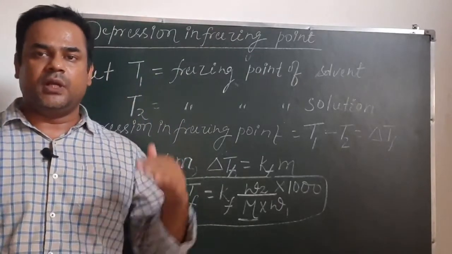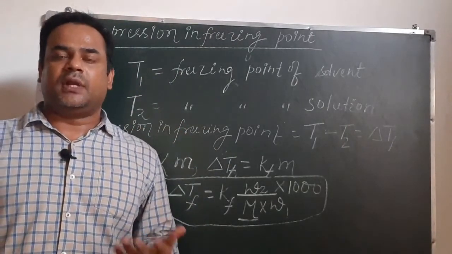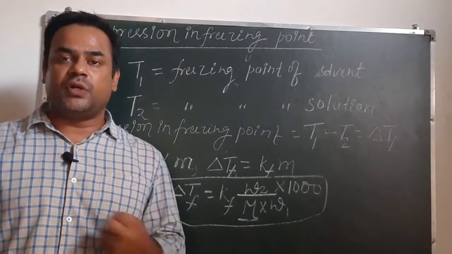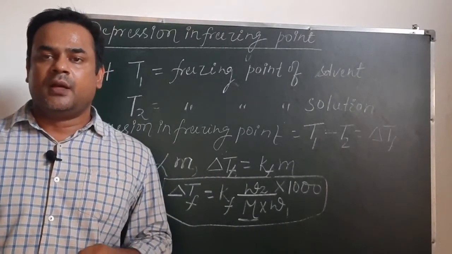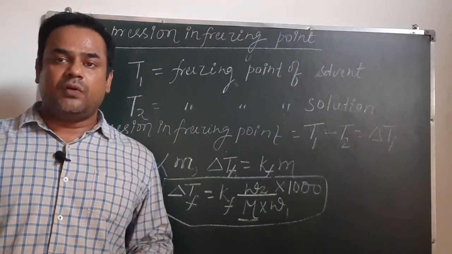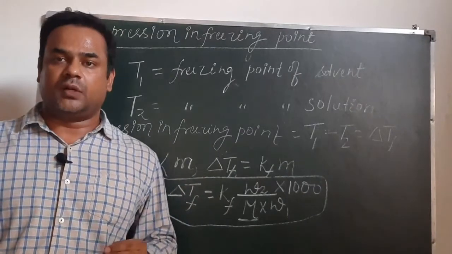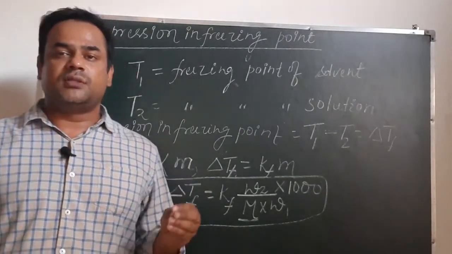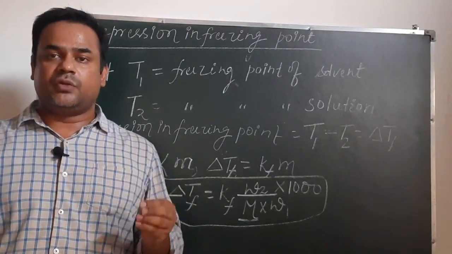Depression means going lower. For example, suppose ice is melting or water is freezing at 0 degree Celsius. It starts to freeze at 0 degree Celsius. Now if we add some impurity in pure water, suppose NaCl or ethanol, the same water will freeze below 0 degree Celsius.